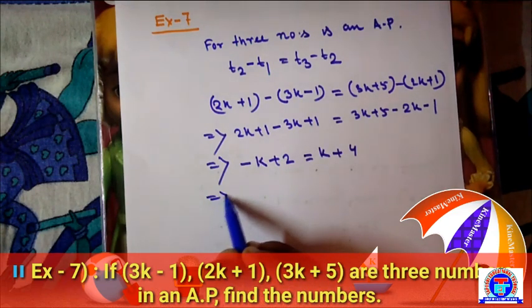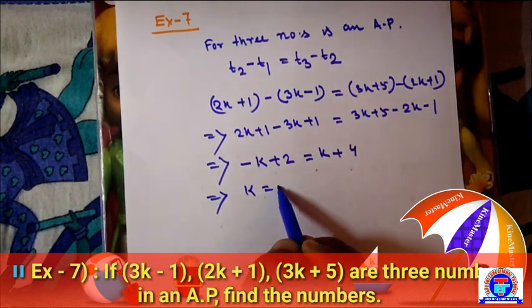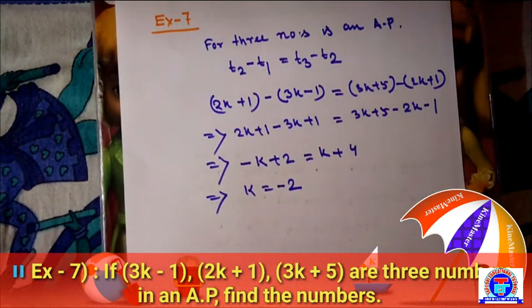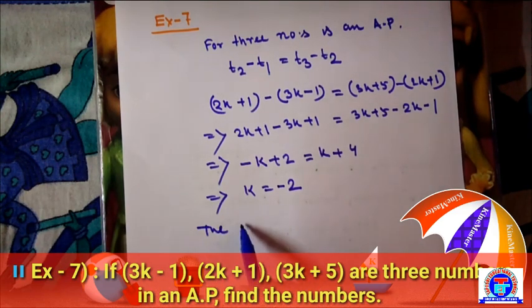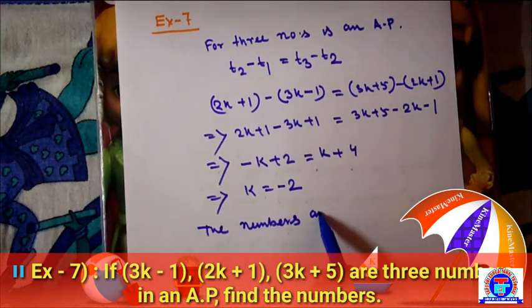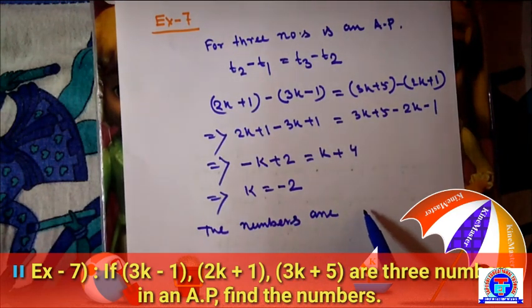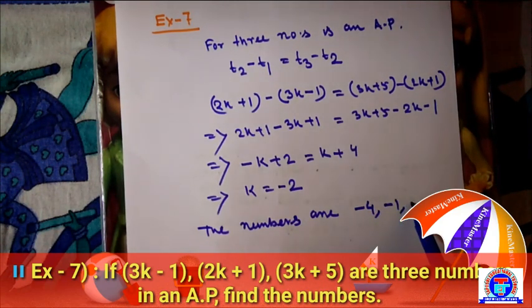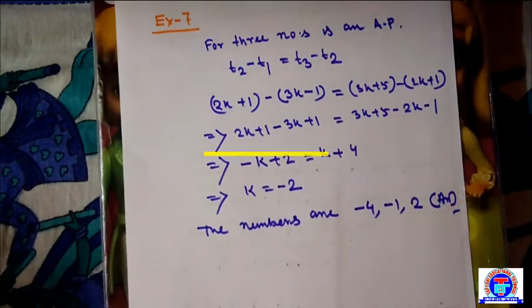So implies that k is equal to minus 2, right? So we can write the numbers are minus 4, okay, minus 1 and 2. So this is the solution regarding this problem.